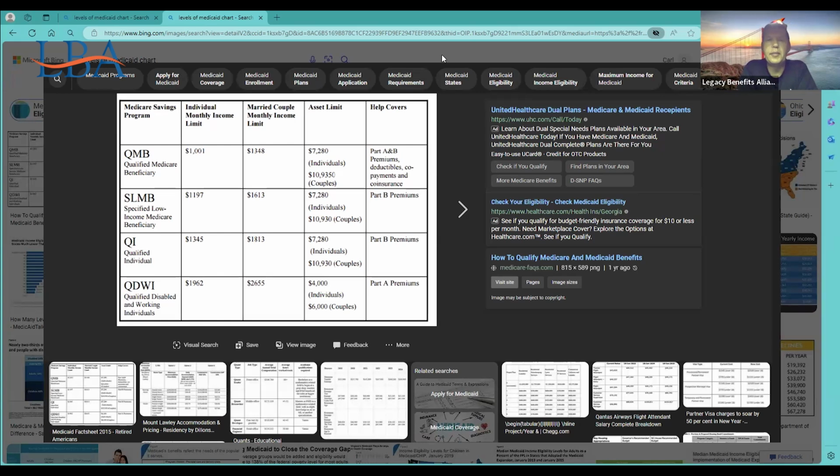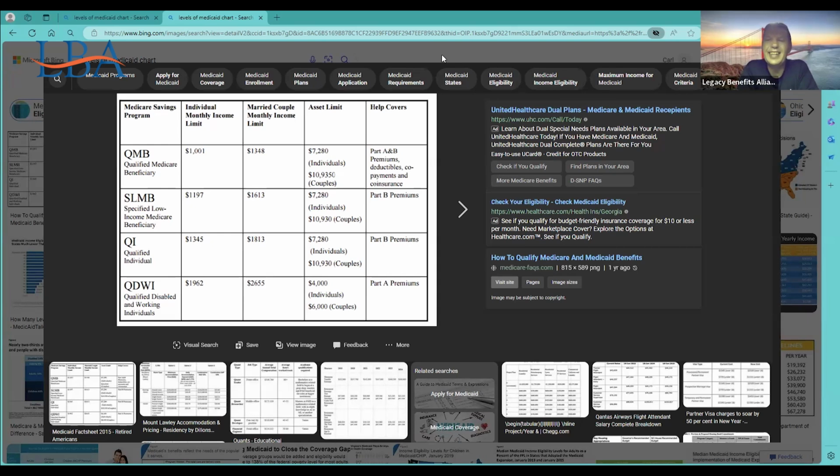So if you live somewhere like Florida, like Connie, SLMB Plus would be considered a full Medicaid, where SLMB is still partial. So everything I said about QI1 would be considered true for the SLMB. If it's SLMB Plus, then we jump up to the QMB, and everything I'm talking about with QMB would be considered true for that individual.